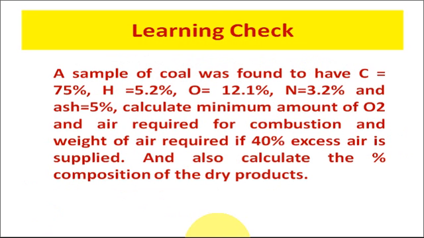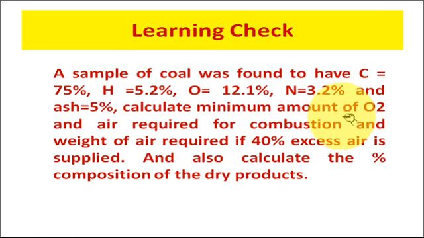So, time for your learning check. Just read the numerical and solve it in detail, and we will be discussing it in our next live class. The numerical is: a sample of coal was found to contain carbon 75%, hydrogen 5.2%, oxygen 12.1%, nitrogen 3.2% and ash 5%.